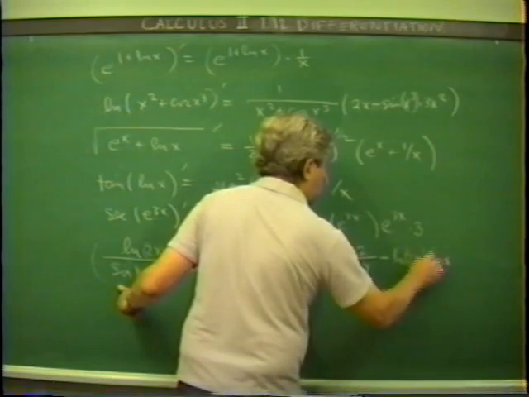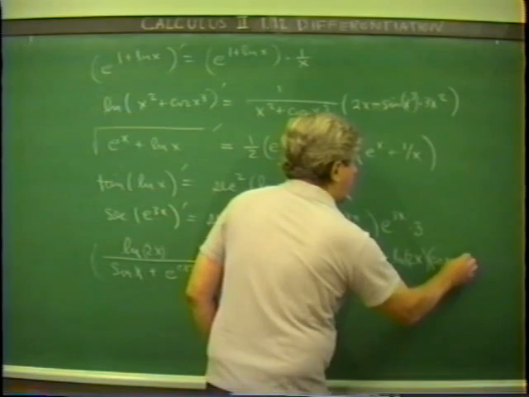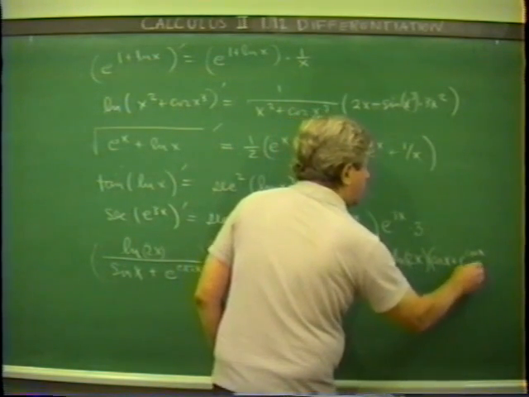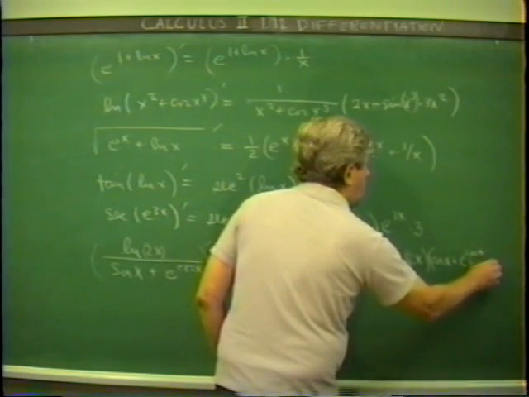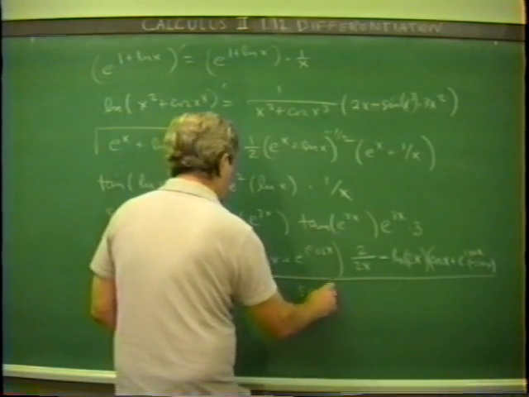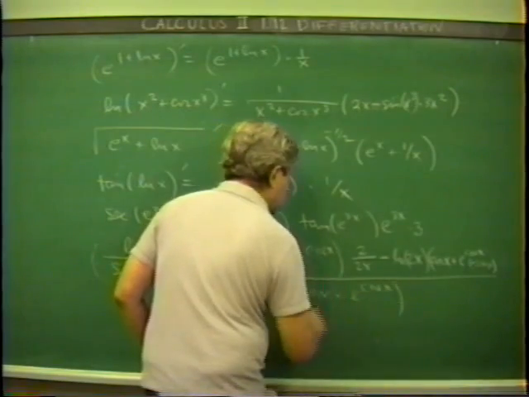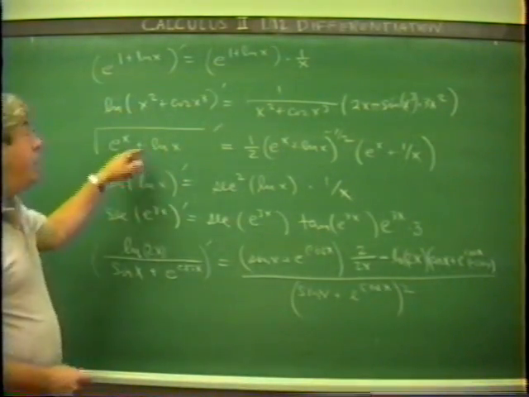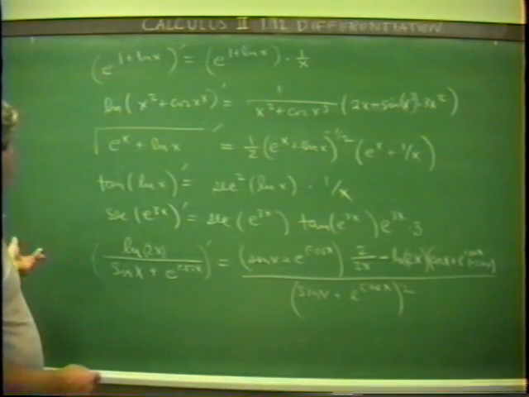Minus the numerator times the derivative of the denominator. The derivative of sine x, of course, is cosine x. E to the cosine x has for its derivative e to the cosine x times the derivative of cosine x, which is to say times minus the sine x, all divided by the denominator squared. So (sine x plus e to the cosine x) quantity squared.